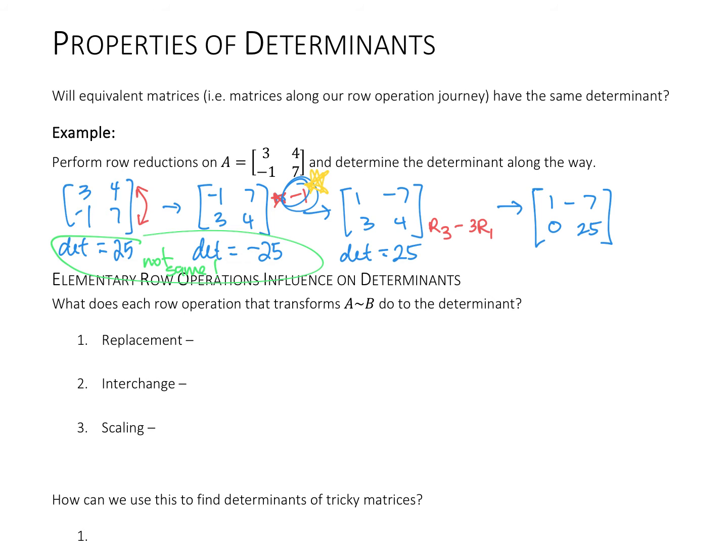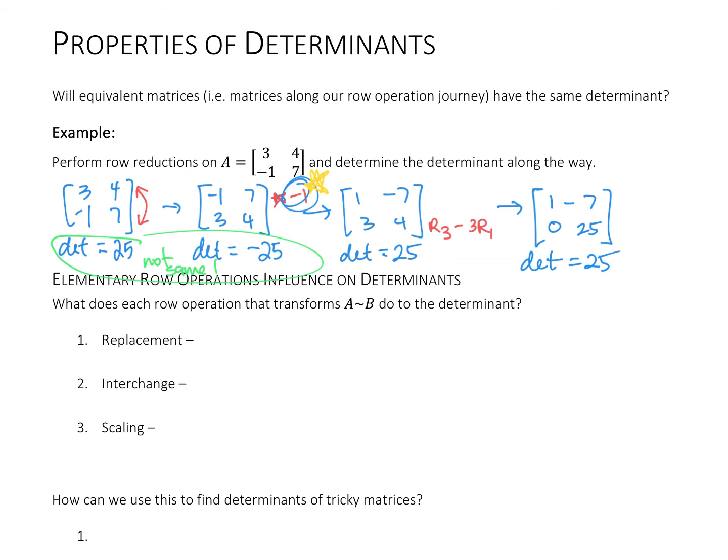That makes our determinant really nice. Anytime you have a 0 in any position, that makes part of the diagonal nice and easy, so I don't even have to worry about the second half. So my determinant here is also 25.